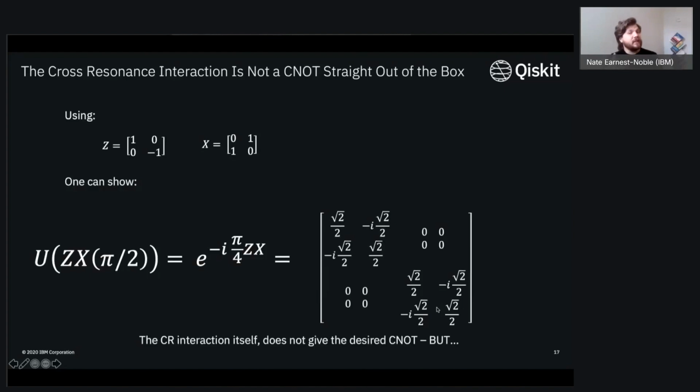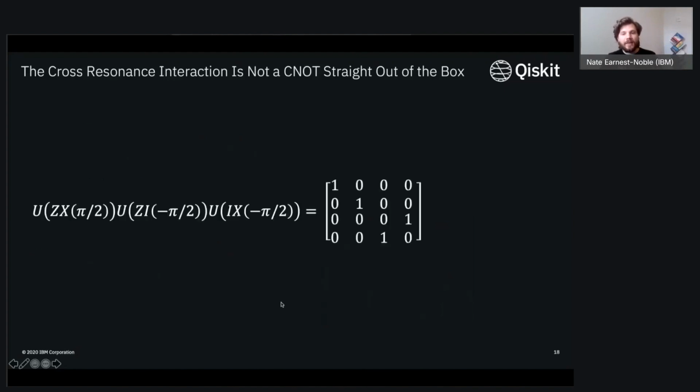We can see that this still is not the CNOT that we want. So then we're slowly starting to realize that in order to build a CNOT from our cross-resonance interaction, we need more than just the cross-resonance. What that comes down to is you have this ZX of pi over 2, but then you're also going to do two more gates that correspond to a ZI and an IX rotation.